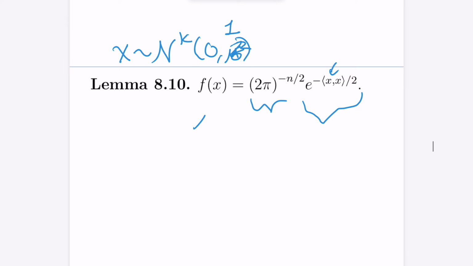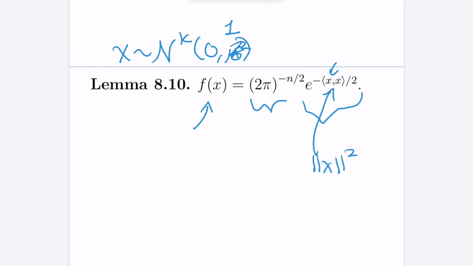The point is that the density of a vector is just a function of its length. This is just a function of the sum of the x squared, so that's the probability of it taking on a particular vector. In particular, it's rotationally invariant.